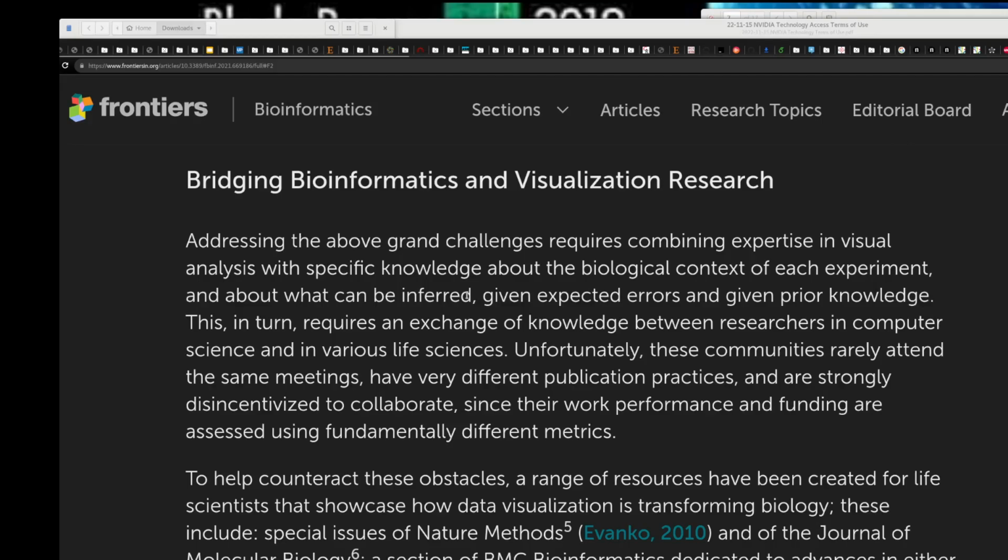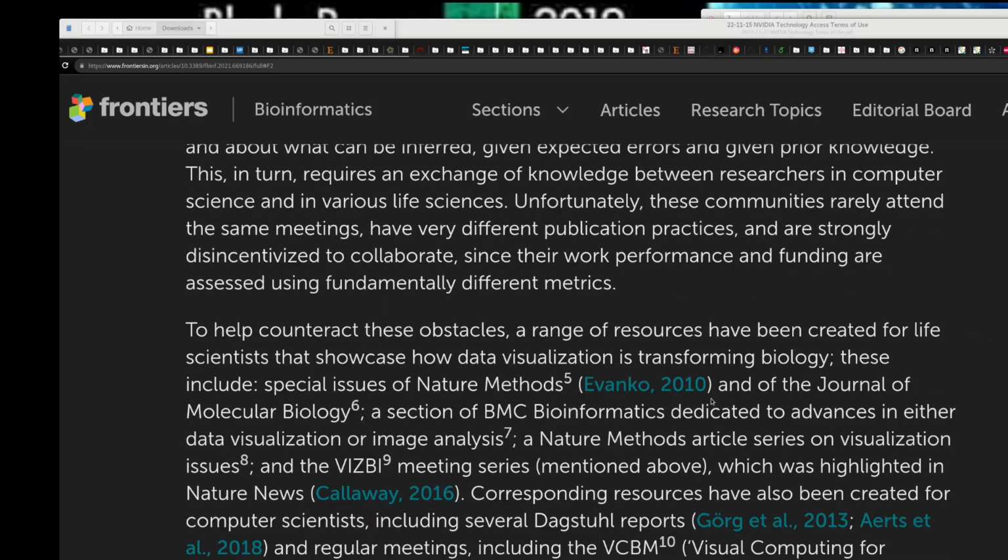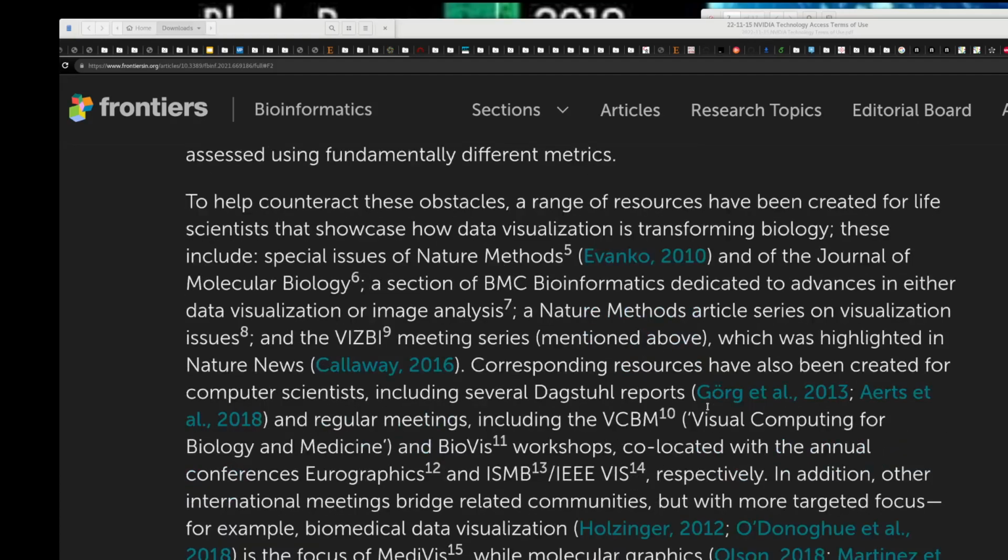Unfortunately, these communities rarely attend the same meetings, have very different publication practices, and are strongly disincentivized to collaborate, since their work performance and funding are assessed using fundamentally different metrics. To help counteract these obstacles, a range of resources have been created for life scientists that showcase how data visualization is transforming biology.